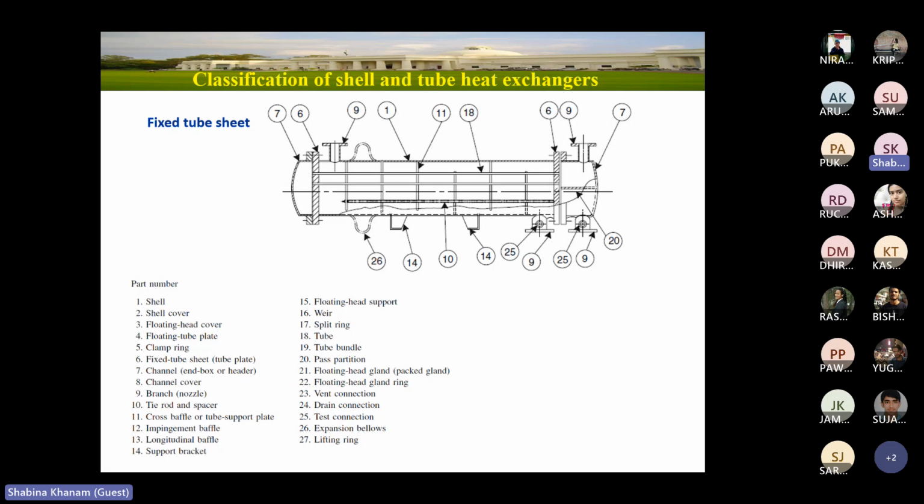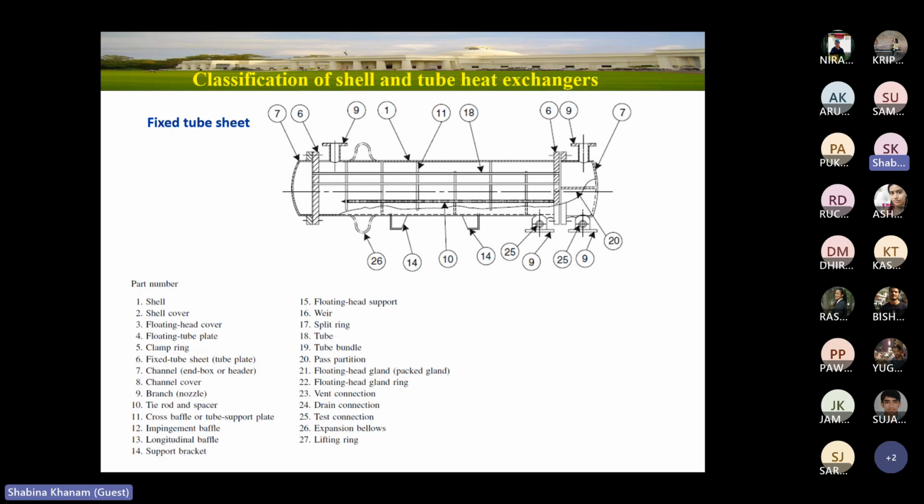Now what will happen over here if you are dealing with high temperature? We have discussed before that high temperature fluid should be allocated to the tube side. So it will flow in the tube side, and if the temperature is higher, you can expect a certain type of expansion in the material.